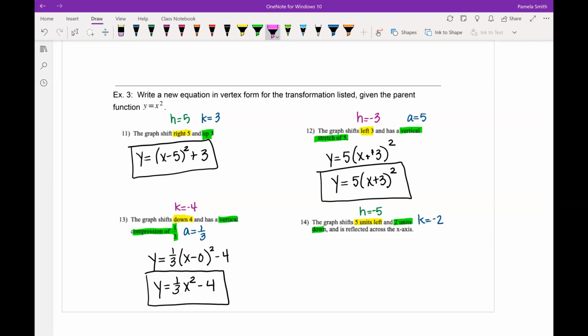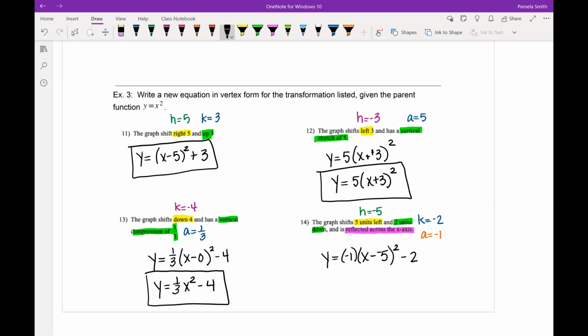And then it is reflected across the x-axis, which means that a equals -1. So when I substitute all of that in, y equals -1 times the quantity x minus a -5 quantity squared minus 2.